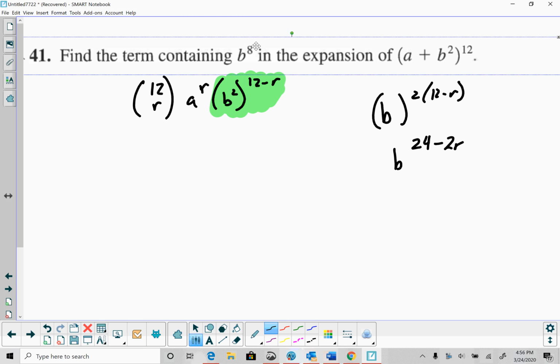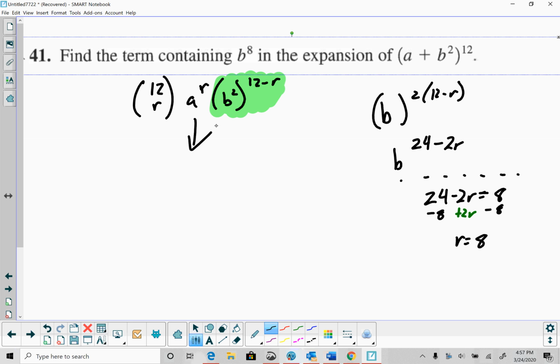And by virtue of the fact that they told us this has to be, in the end, b to the 8th, we could write a nice little equation here and say that 24 minus 2r should be the exponent 8. So if we subtract 8 from both sides, if we add 2r to both sides, we'll find out that r is actually the 8th term.